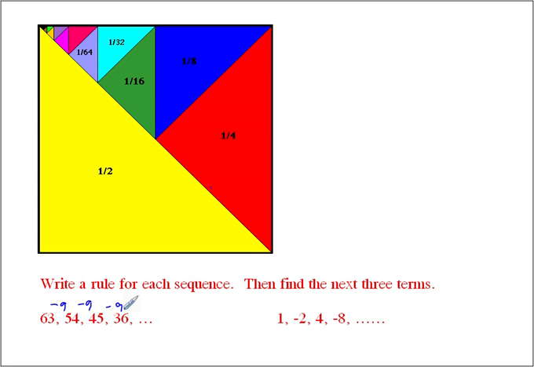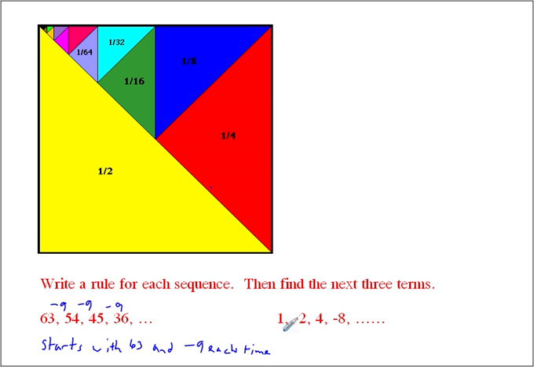The way I write this down is: starts with 63 and minus 9 each time. That's a pretty simple, easy to understand pattern.